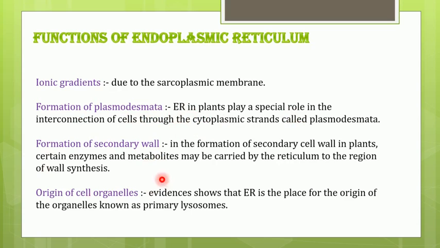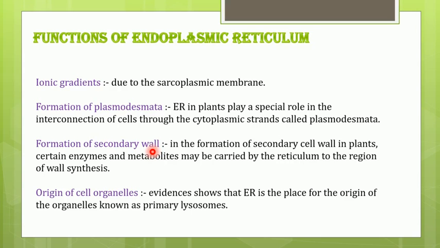Next function is formation of the secondary wall. Now we know that the plant cell wall is made up of two layers, that is primary cell wall and secondary cell wall.